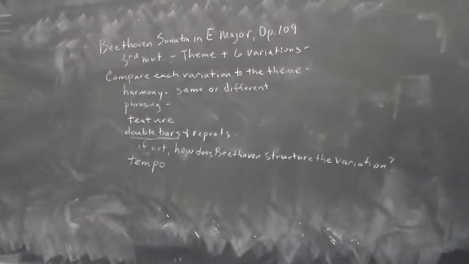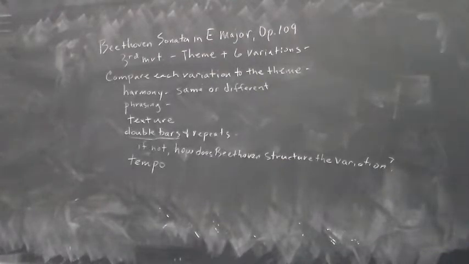So that's all basically within a sixth, a minor sixth. So really a very limited range. It's very expressive and beautiful. So now in the first variation, he extends the range.